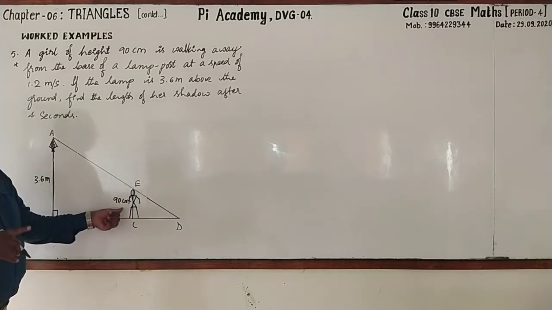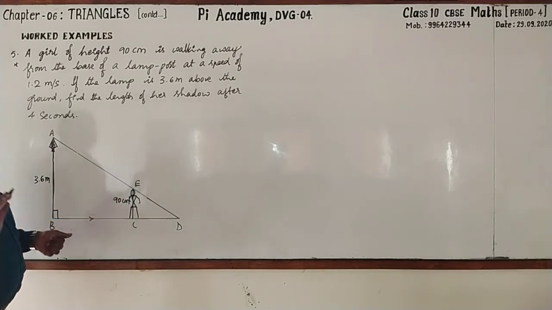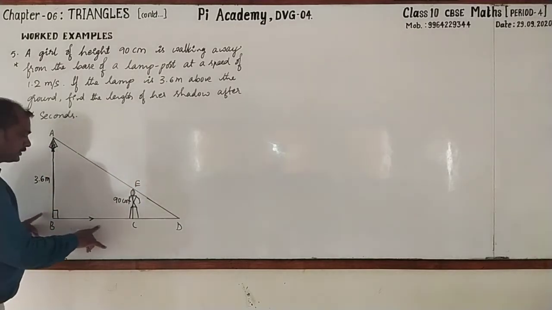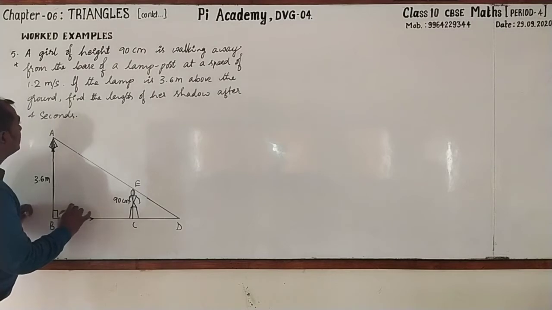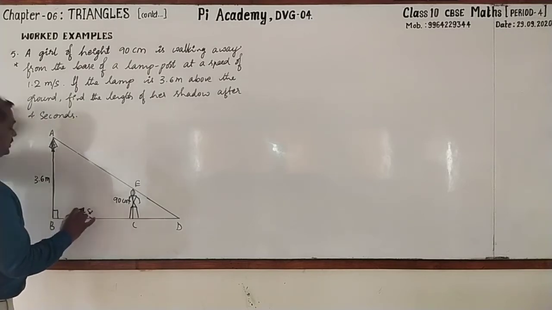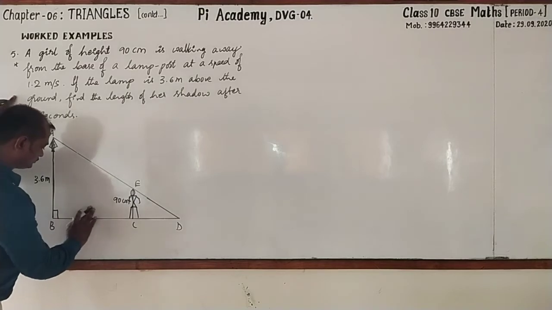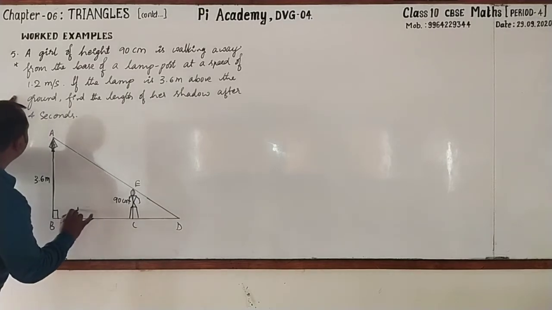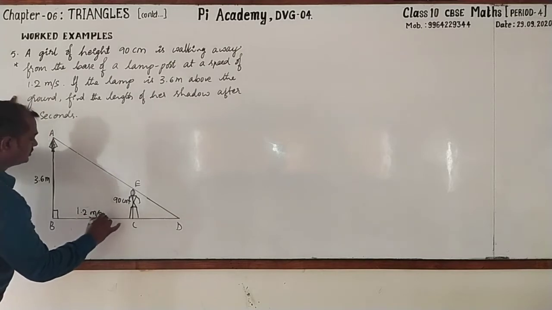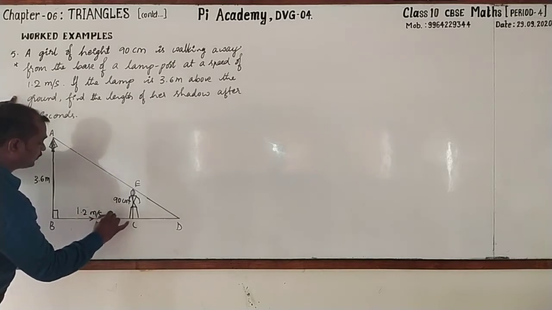The girl's height is 90 centimeter only. Next, she is walking away from the base of the lamp post with a speed of 1.2 meter per second for 4 seconds.